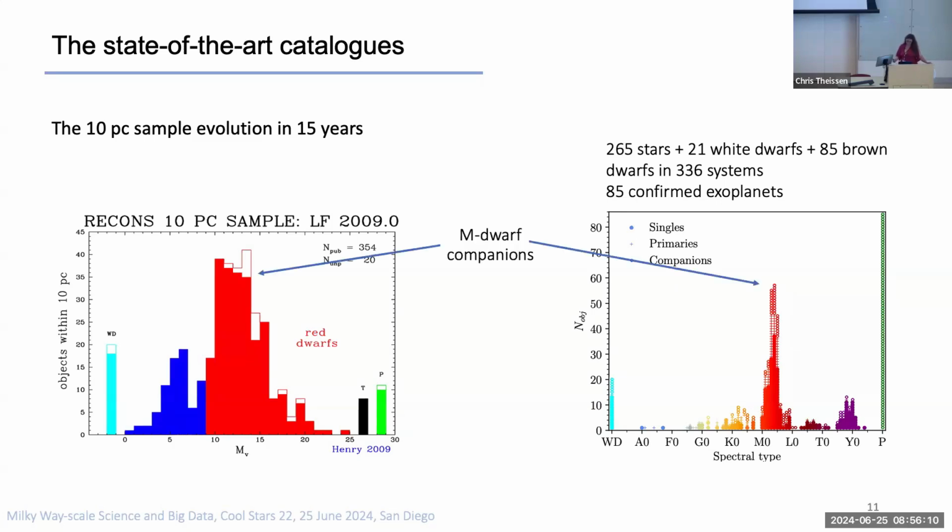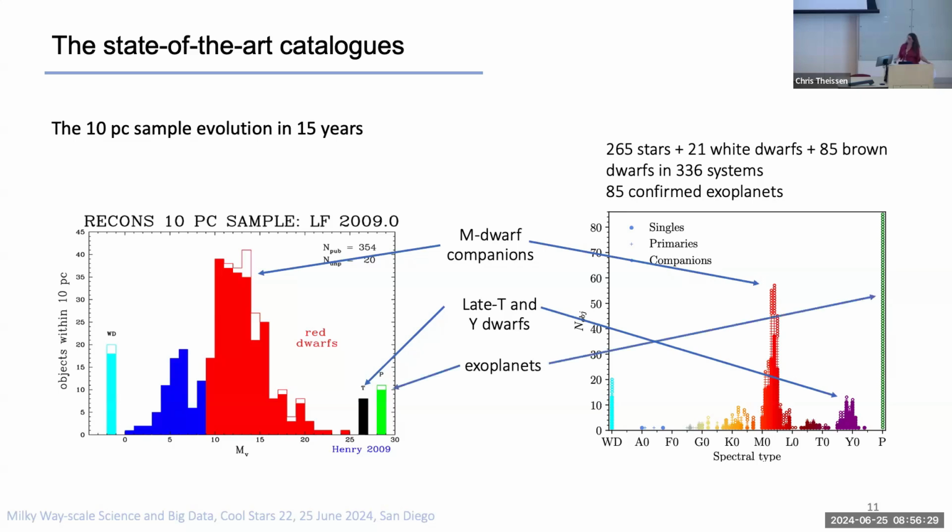But a lot of discoveries have been made: M dwarfs as companions in systems. Also, regarding brown dwarfs, new types of white dwarf companions, but also late-type T dwarfs have been discovered. And the number of exoplanets is about 8 times that of 15 years ago.